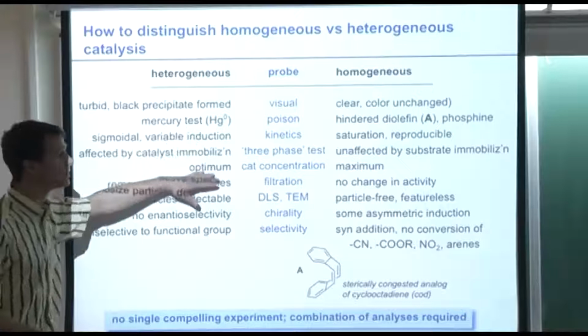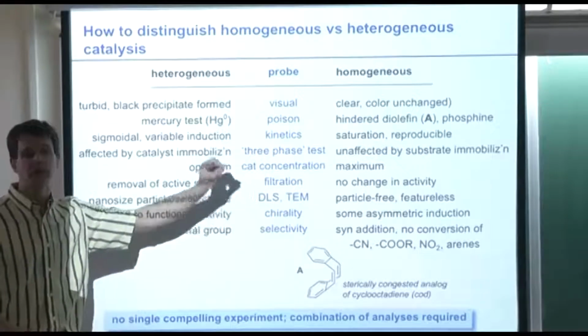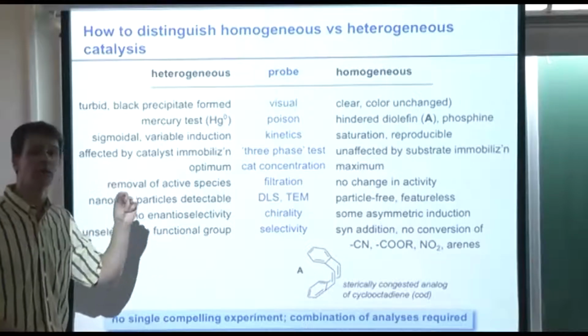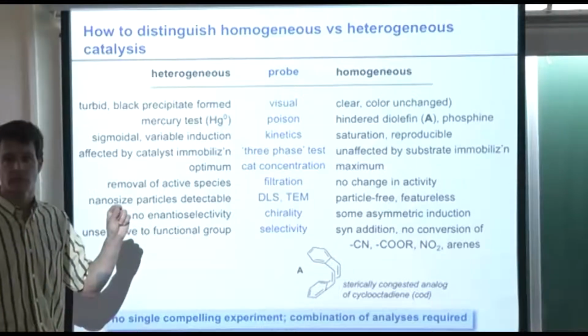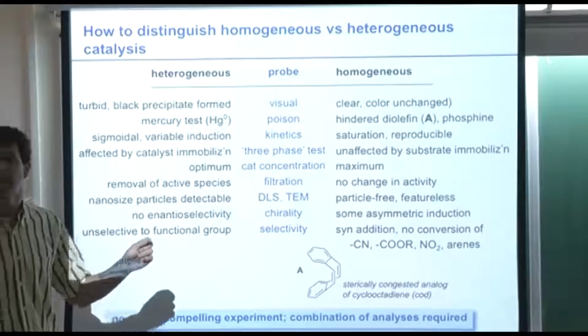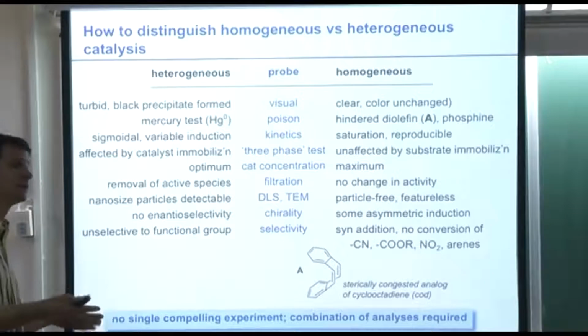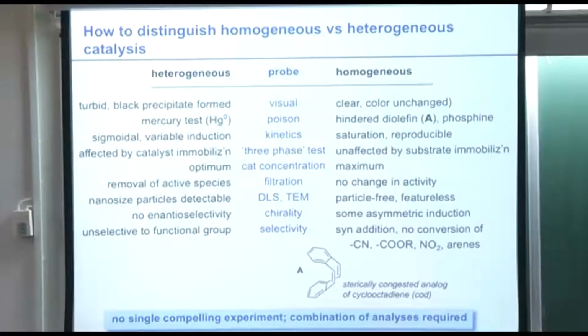An important part is that there's not a single technique that is on its own unambiguous. So if we run a reaction, we need to probe it against 3, 4, 5 criteria to know whether it's probably rather heterogeneous or probably rather homogeneous. Just a single experiment taken out can be misleading.